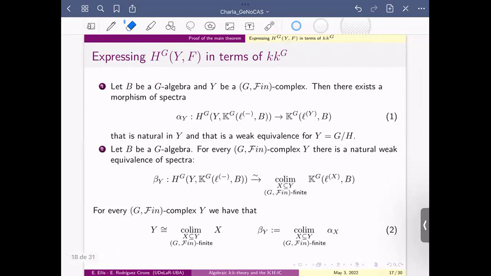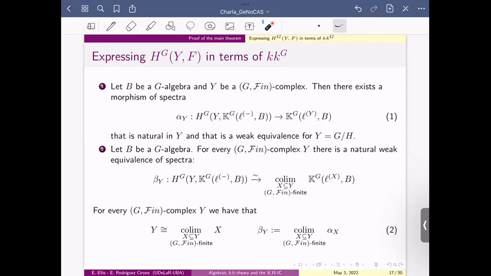Then how do we express this homology in terms of KKT? Okay, first we construct morphisms of spectra from here to here that are natural in the space E. This involves a lot of technical details using explicitly the spectra KG.